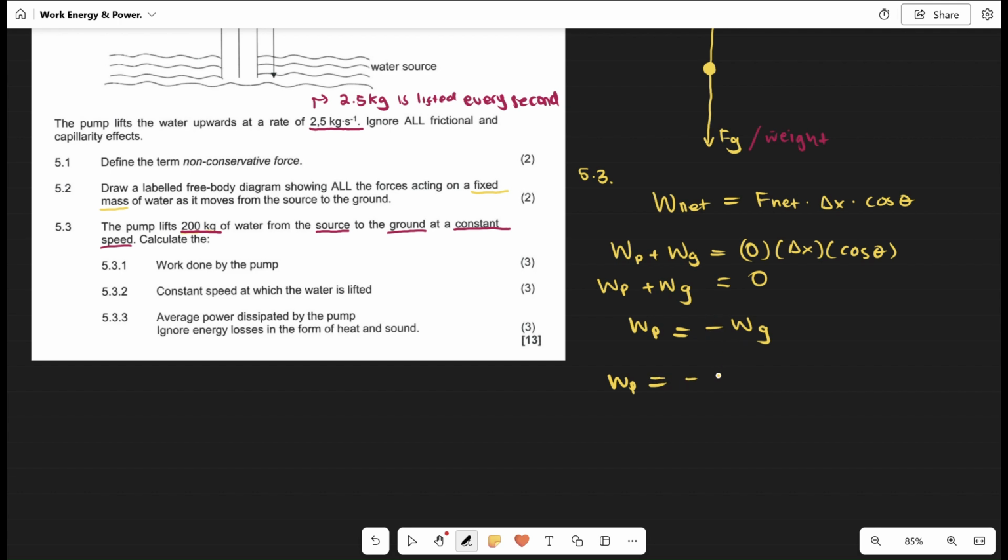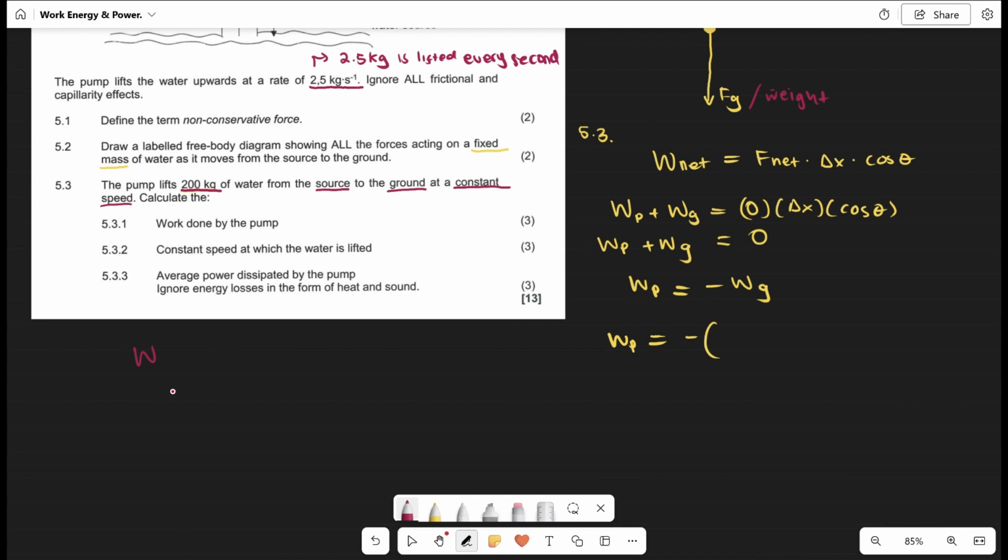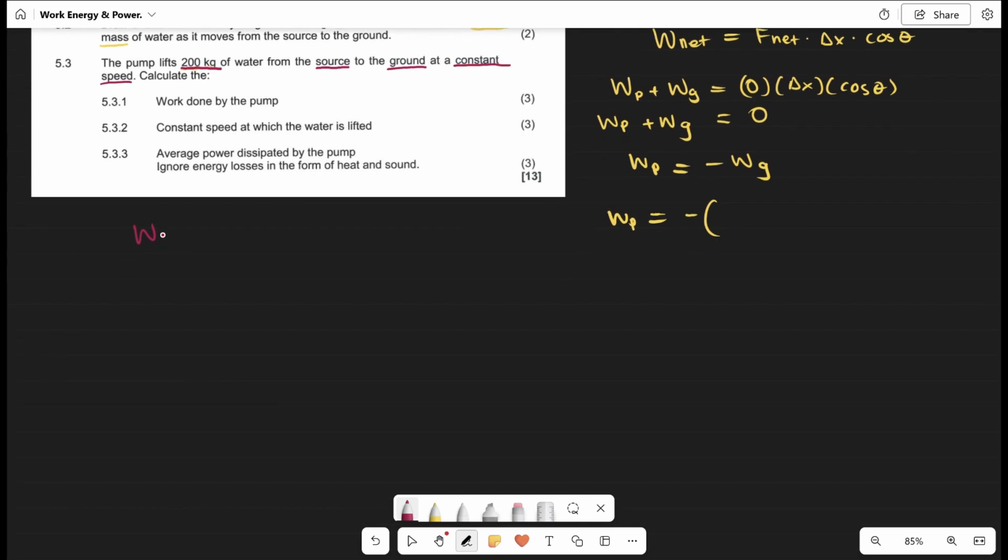Let me just write it here, the work done by gravity. Since gravity is a conservative force, the work done by gravity is always calculated as negative change in potential energy, right? This is the formula that we use to calculate the work done by gravity.